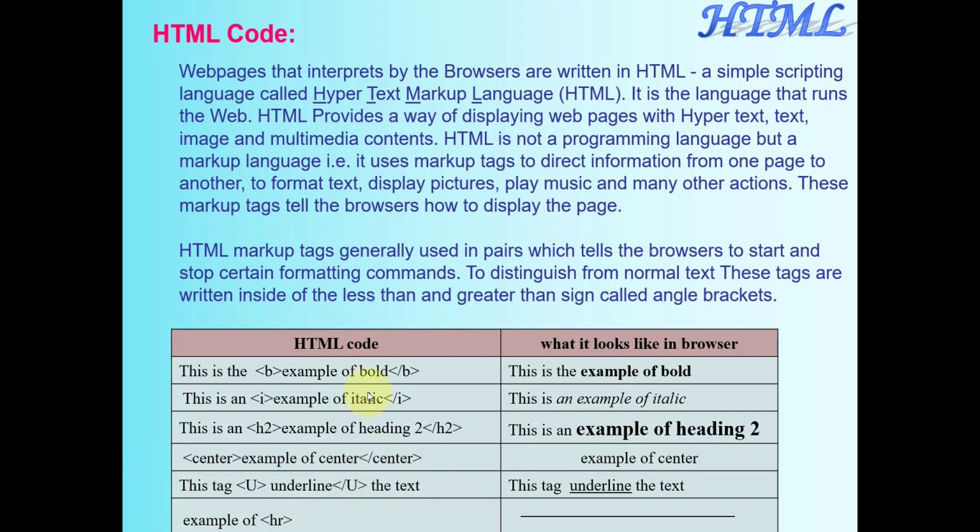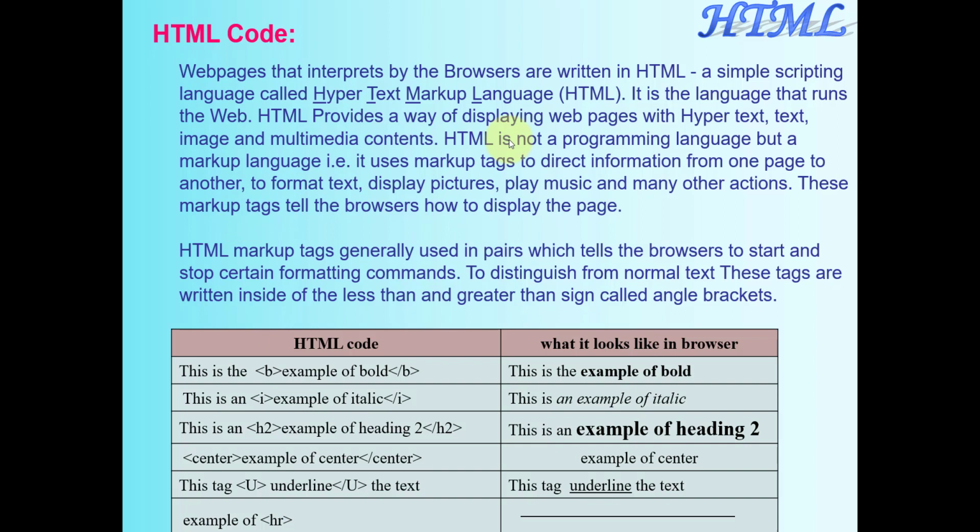Okay, so we have many HTML codes and these are the examples. Clear? If we use such tags, it will look like this in the browser. Okay, I think you all understood about HTML. So what is this? This is Hypertext Markup Language.